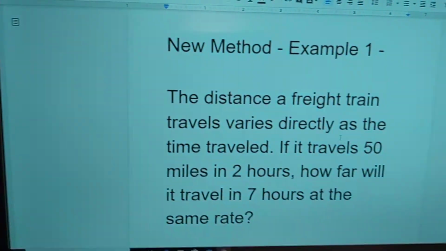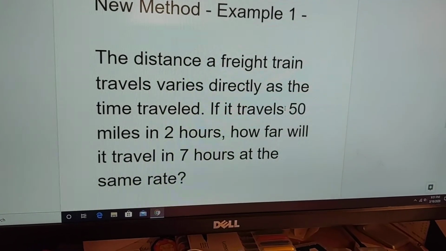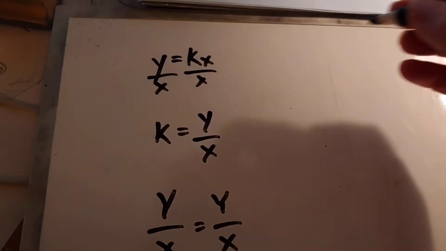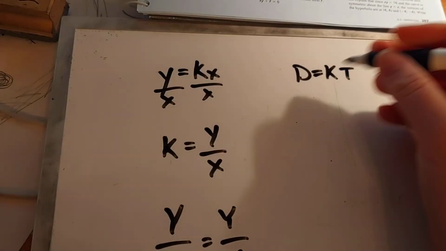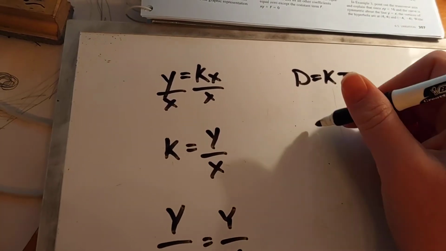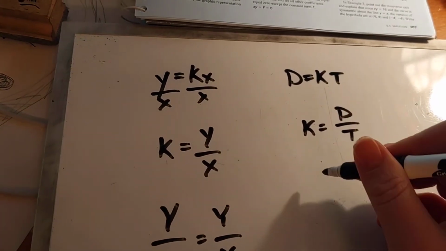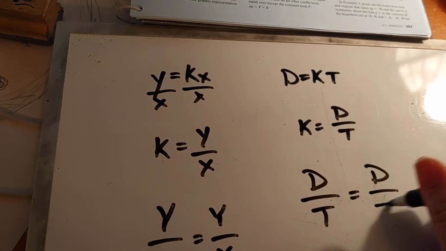They're saying the distance a freight train travels varies directly as the time traveled. So distance varies directly with time. So again, if I isolate k, this time I will have k equals d over t. So I'm going to substitute and solve d over t equals d over t.